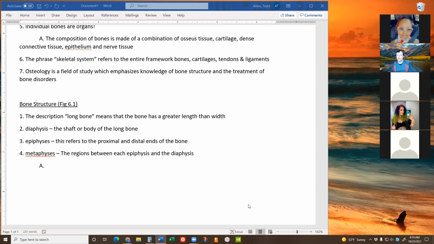Do you see the phrase epiphyseal line on the right side of picture A of figure 6.1? Do you see epiphyseal line? Okay, thanks folks for giving me some feedback on that. All right, and so what I want to ask is the following question.